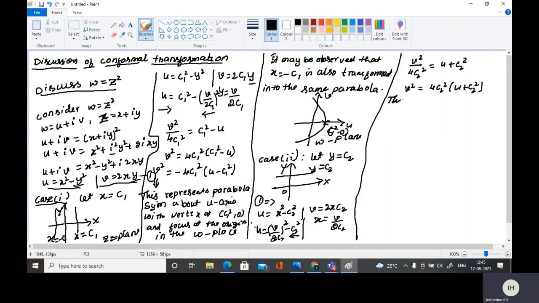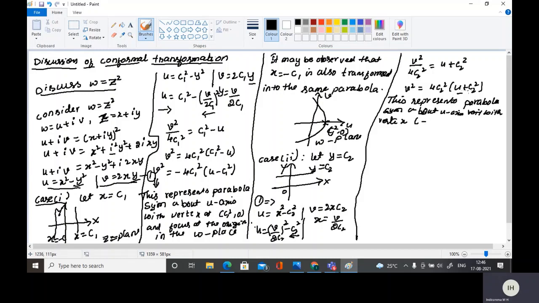This represents again a parabola symmetric about the u-axis only, with vertex minus c2 square comma 0.